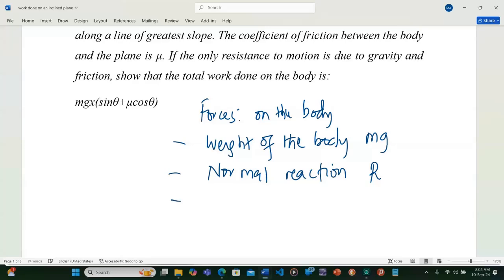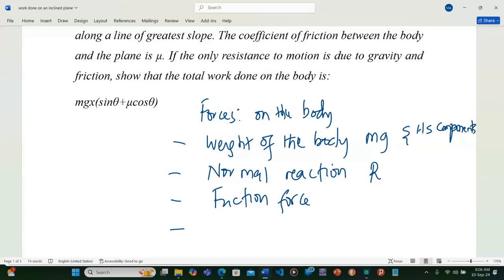So then we have again the friction force, and then this weight has components. We have the component of this weight that is acting along the plane, and also the one that is acting perpendicular to it. So then we have the components.